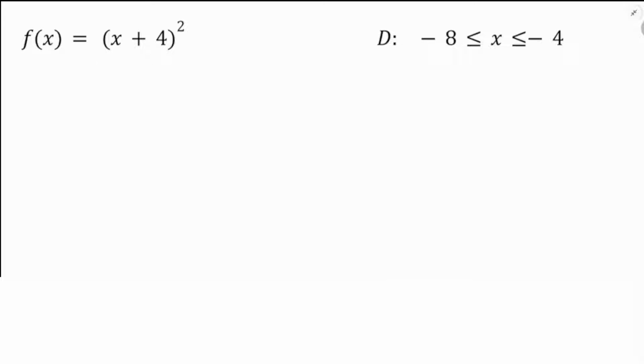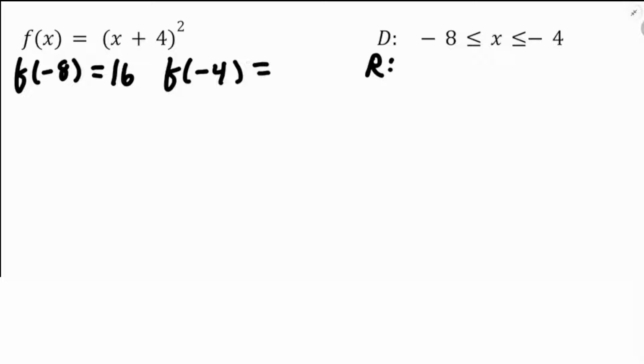All right, good. I see where this one's headed. So, like this, we'll start with the range. That might be wise. Let's plug in -8. f of -8 equals -8 plus 4 is -4, and I square that, I'll get 16. And then f of -4 equals 0 squared is 0.